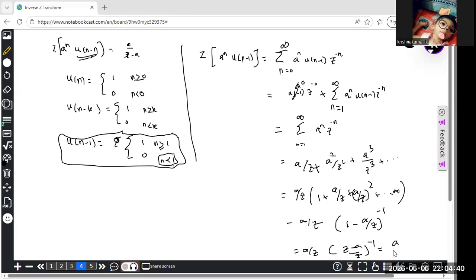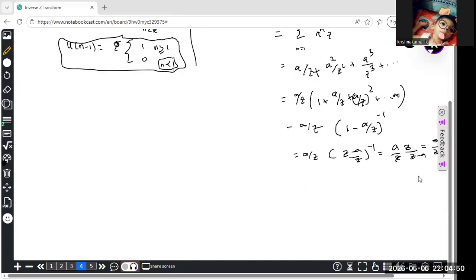If you rewrite, a by z into z by z minus a, this z will get cancelled. So a by z minus a. So this is the z transform of a power n into unit step function u of n minus 1, which will be equal to a by z minus a.